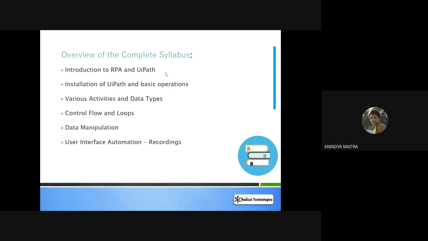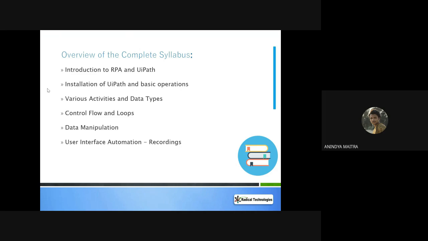Using that, we can create more reliable and intelligent robots. Then we would learn about the installation of UiPath and the basic operations, like what the different components of UiPath are and what their uses are. After that, we would learn about various activities and data types of UiPath.